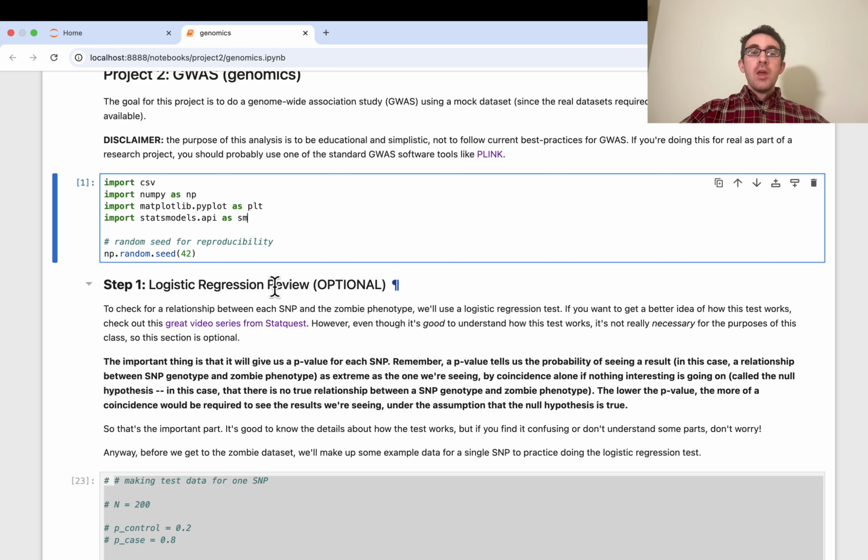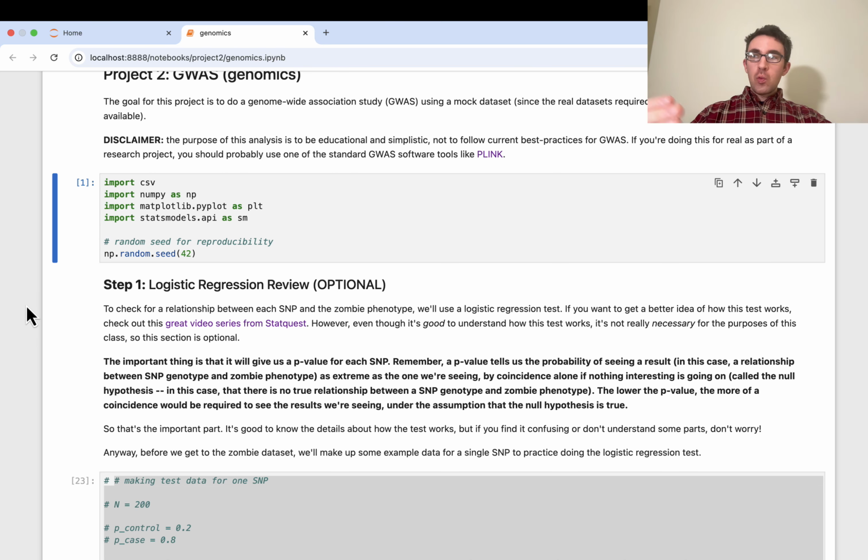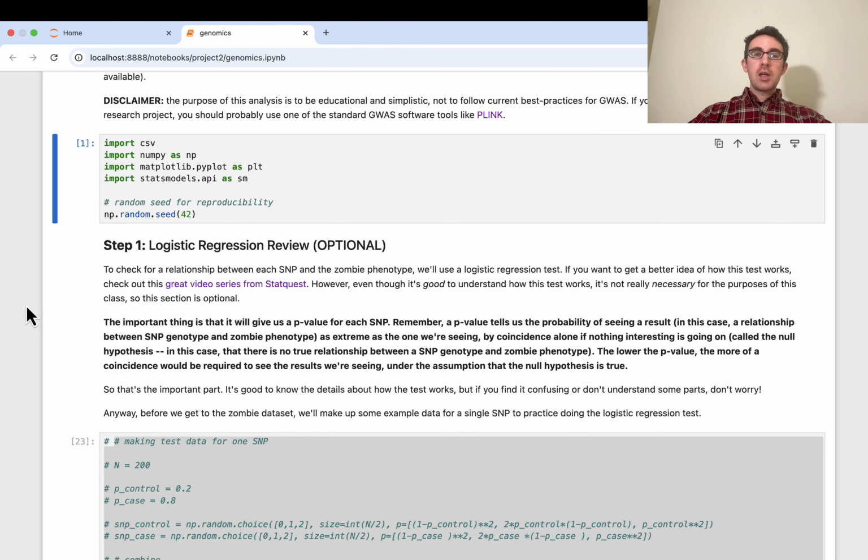Before we actually start reading in our mock data set and analyzing it, I thought I would give you a brief tutorial on logistic regression. This is a type of statistical method that we're going to be using to analyze this mock data set.